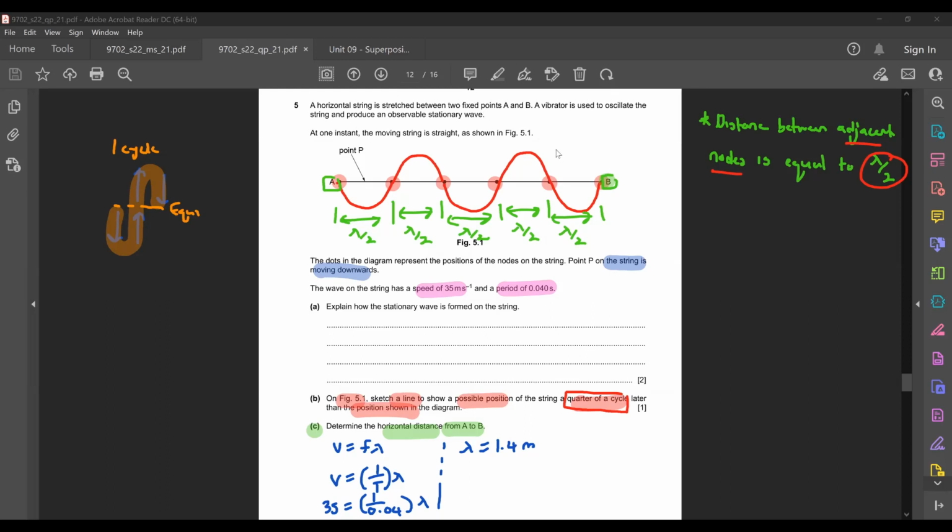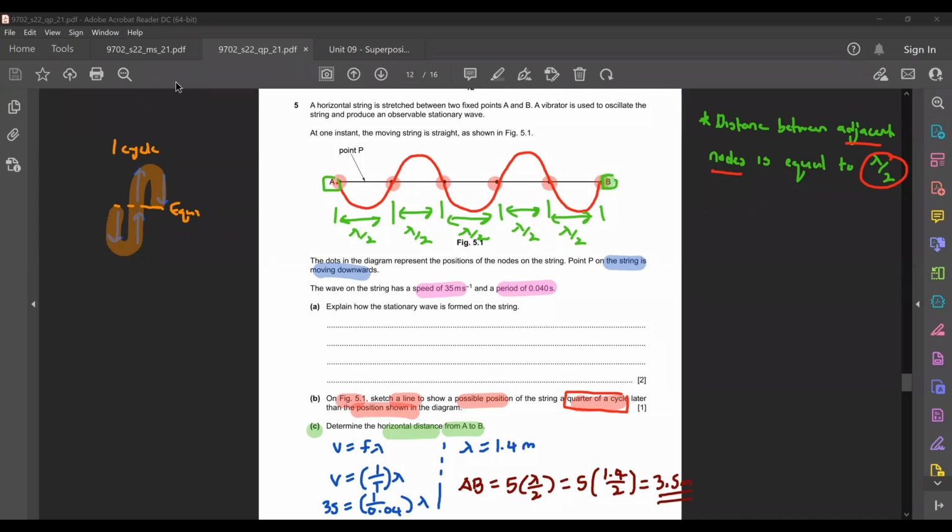Now, just now it was mentioned to you that AB is actually 5 half lambdas. So now that we found lambda, we can sub in the values. It will be 5 times 1.4 divided by 2, giving us a final answer of 3.5 meter. This would be our final answer.